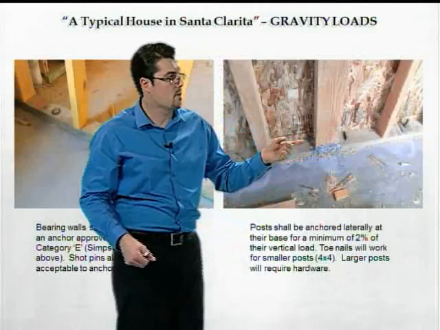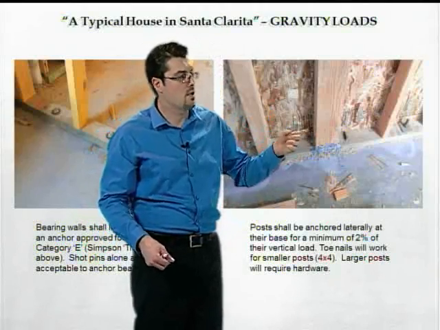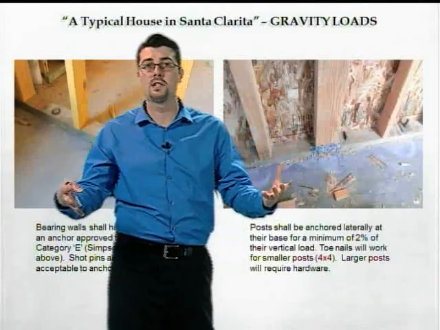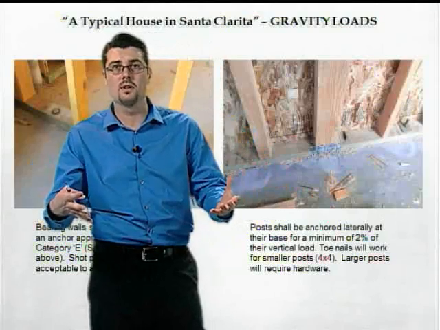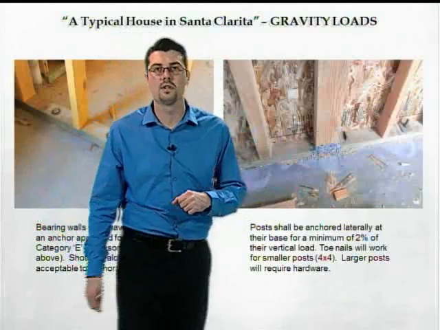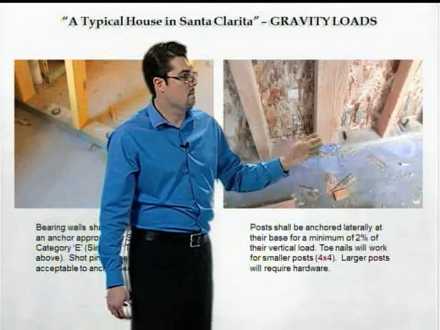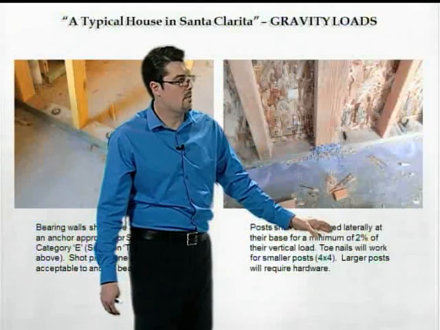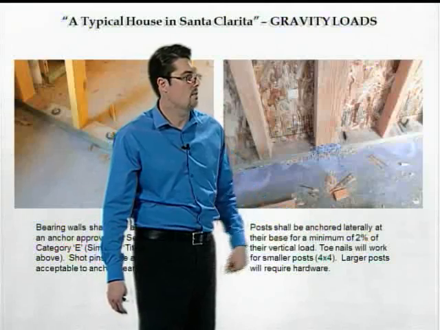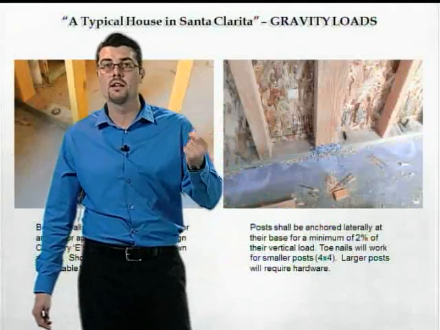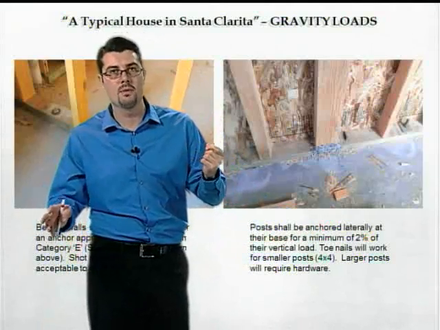Sometimes, an inspector will go out and see a large post, even a 6x6 post. You could put 20,000 pounds on it, and there will only be a couple of nails at the bottom to the plate. That's not acceptable. You have to provide a connection, a minimum of 2% of the vertical load, and that is clarified in a City of Santa Clarita code amendment.